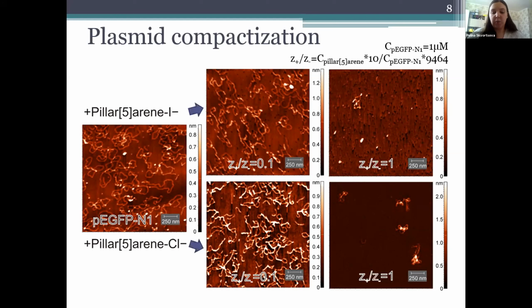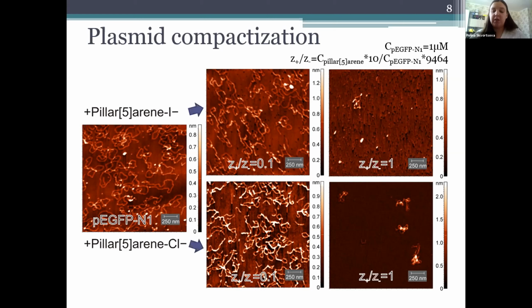In the case of pyrrolurine chloride, at charge ratio 1, plasmids appear in an incompletely condensed conformation with loops emerging from the dense nucleus. For a plasmid mixed with pyrrolurine iodide at the same relative concentration, only dense aggregates are observed and the loops of individual double helices are not visible.